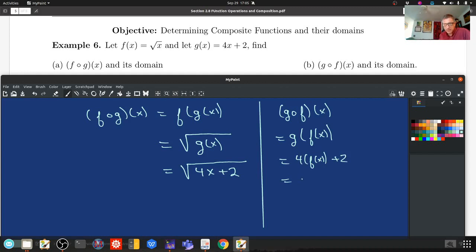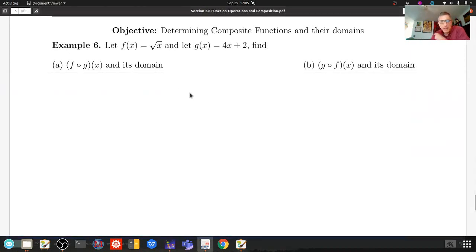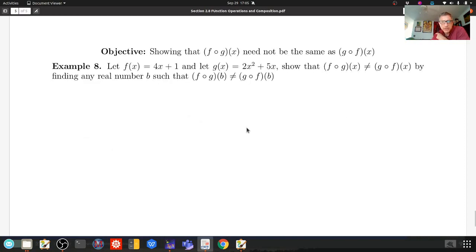My x is f of x. So my f of x is the square root of x plus 2. So it's equal to 4 root x plus 2. And anything else? Okay. Showing that f composed of g need not be the same as g composed of f.